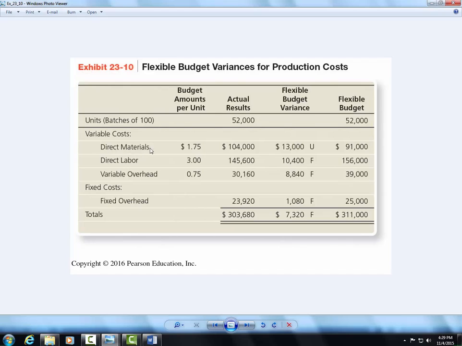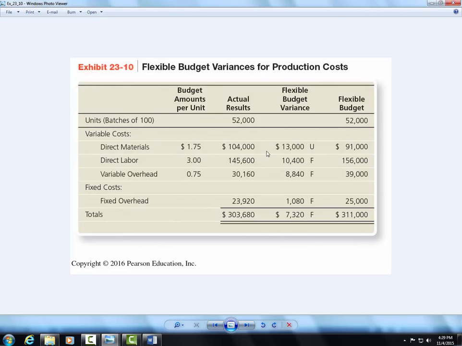Specifically, we're going to look at direct materials, 13,000 unfavorable, and direct labor, 10,400 favorable. We're going to break this flexible budget variance down into the cost variance and the efficiency variance so we can see why we had this $13,000 unfavorable variance here.